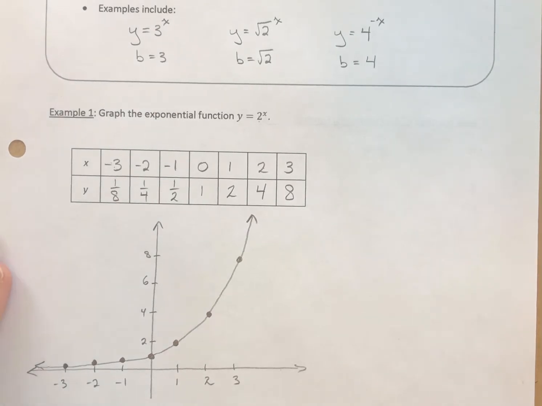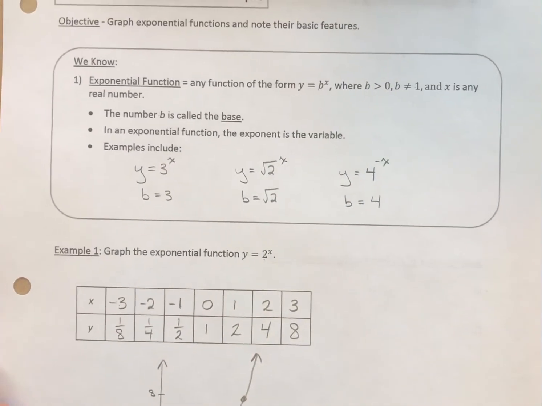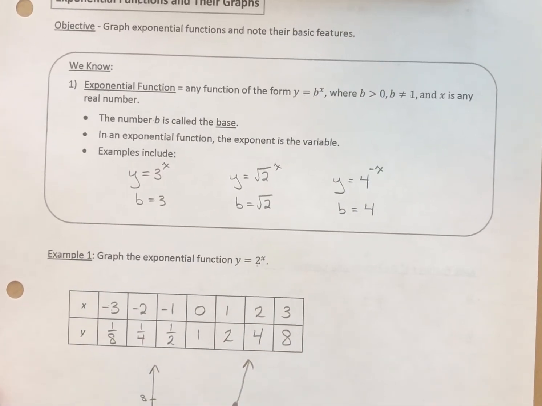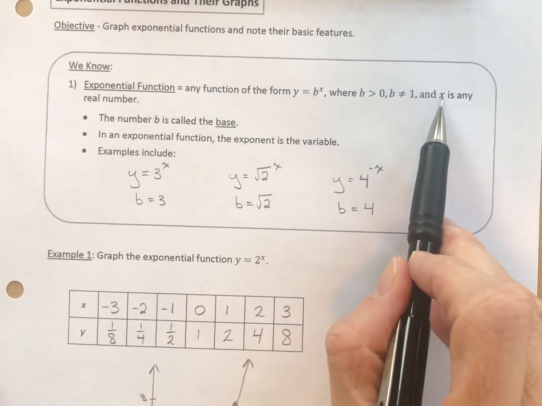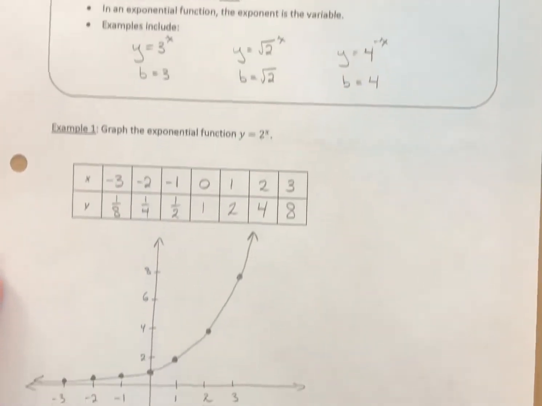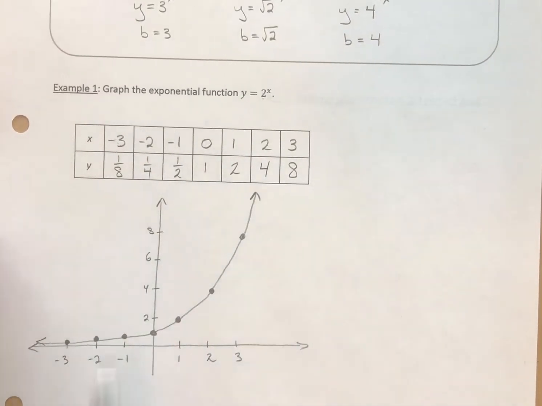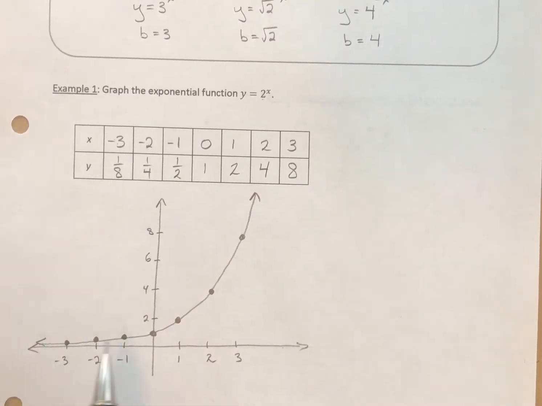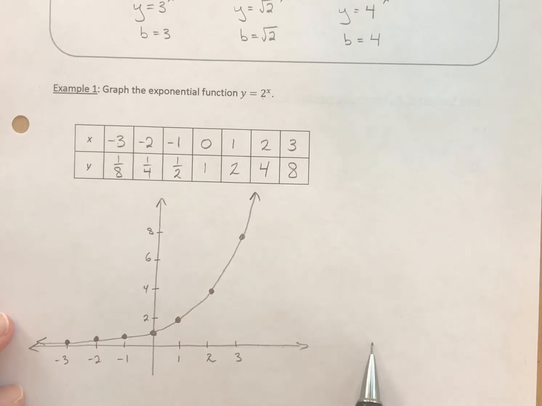Let's re-notice what we said up here: for an exponential function, the x can be any real number. So if we look down here, we'll see that any real number x will have a y value. I can go all the way down to -1,000,000 to the left or +1,000,000 to the right, and I'm going to have a y value.